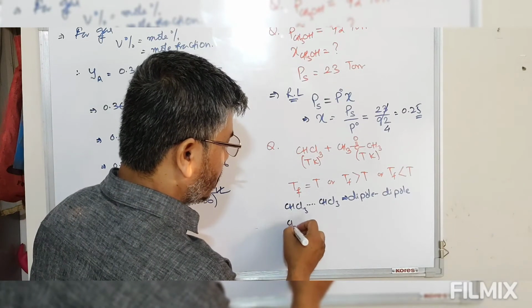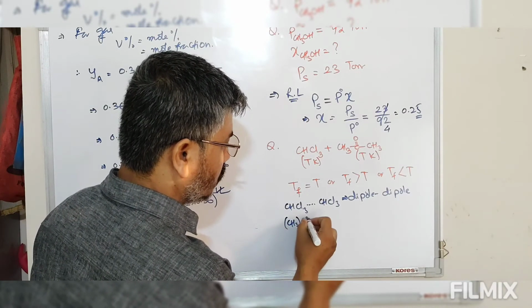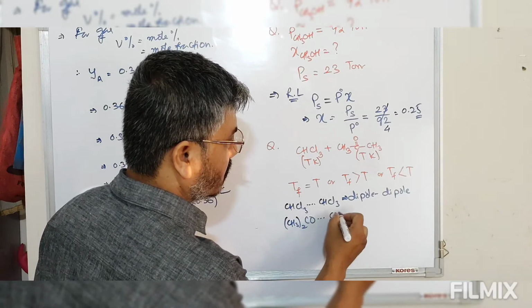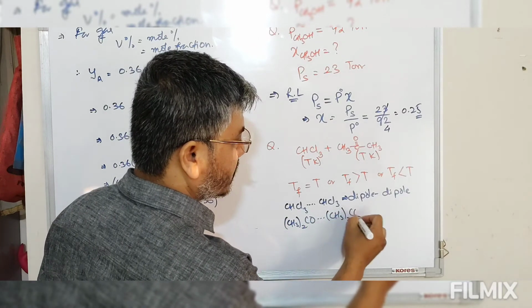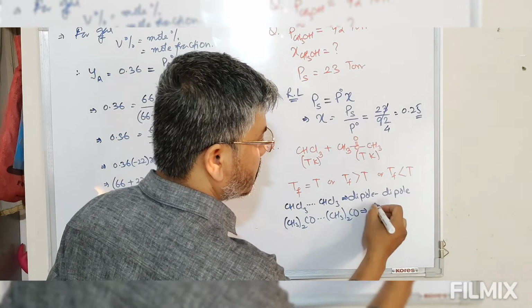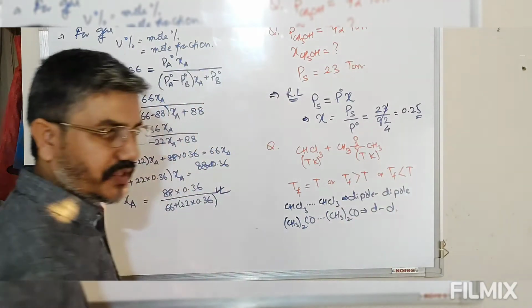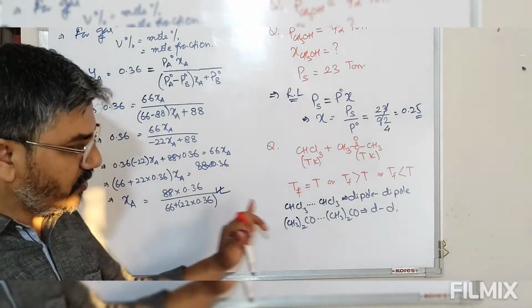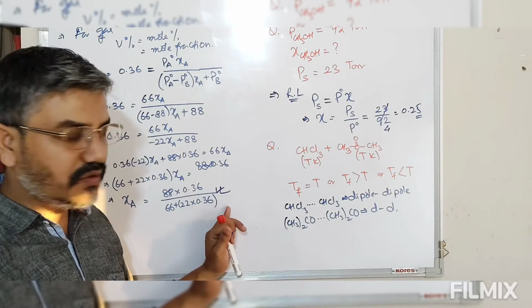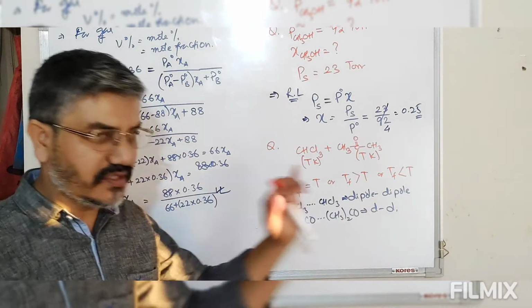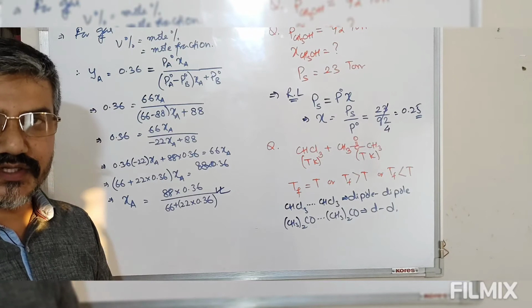Between acetone, CH3COCH3, and acetone, again this is dipole interaction. So between chloroform molecules it is dipole, and between acetone molecules it is again dipole interaction.